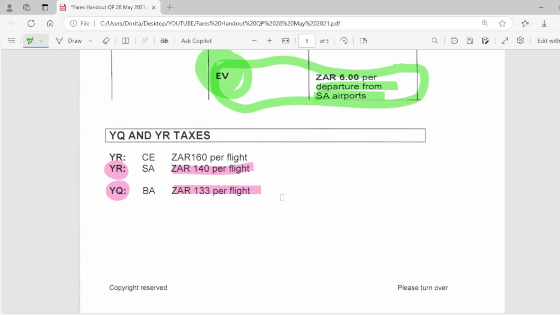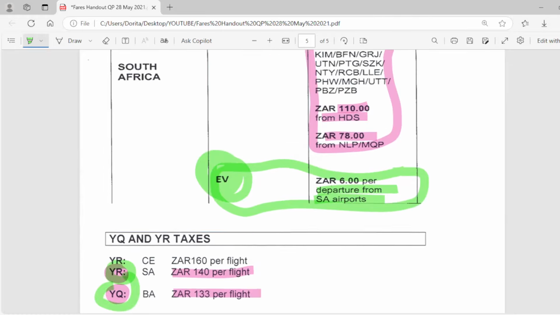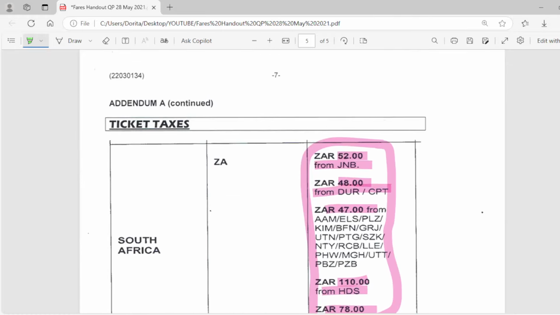The codes for your ward tax, YR and YQ. It shows you there which one is YR and which one is YQ. And for the PSC, it shows you your code here, ZA.